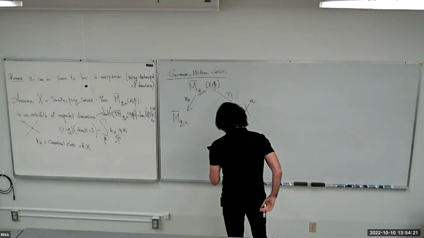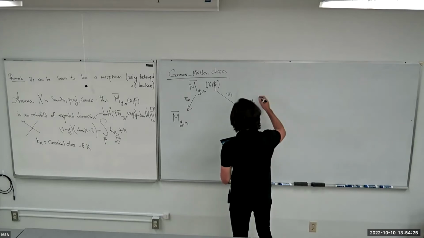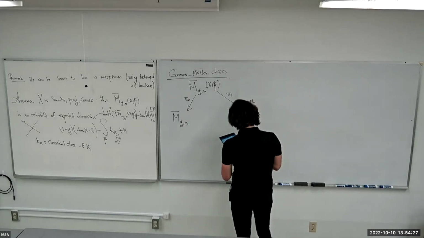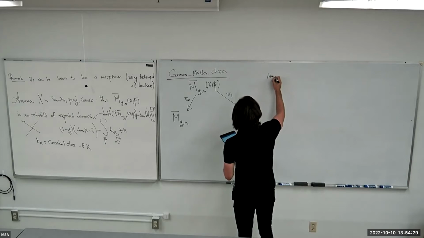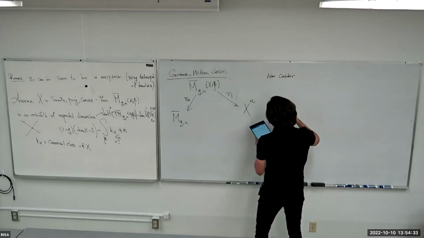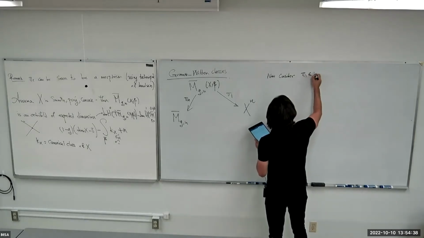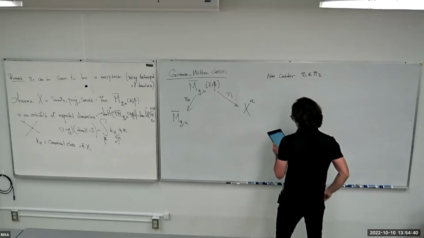Okay, so we get this induced map. So now consider pi 1 and pi 2.